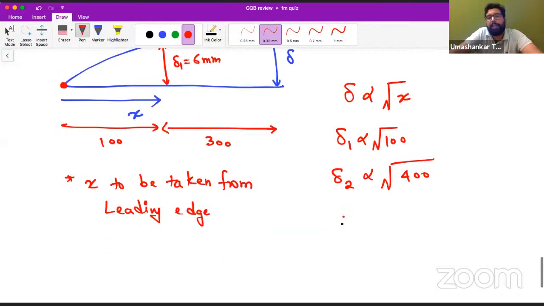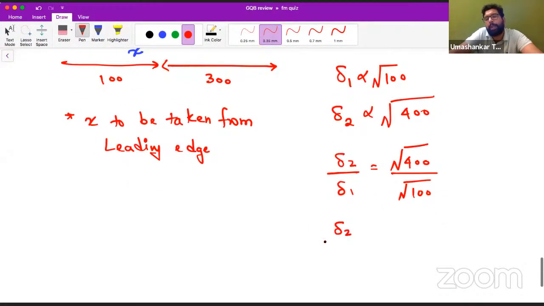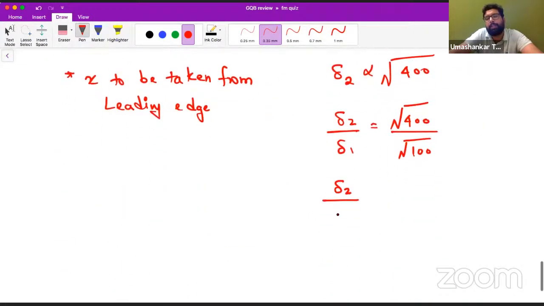Now if I take the ratio, delta 2 by delta 1 is equal to root of 400 by root of 100, that is 20 by 10, so 2. So delta 2 is 12 mm.